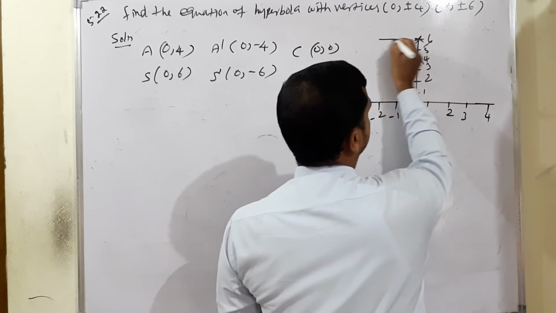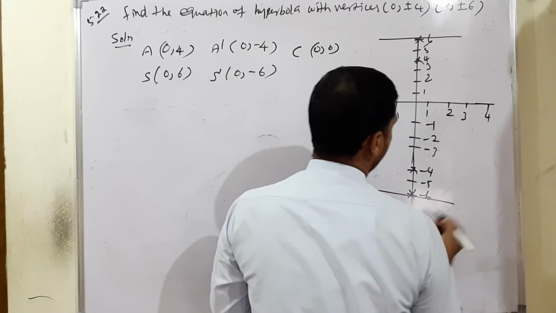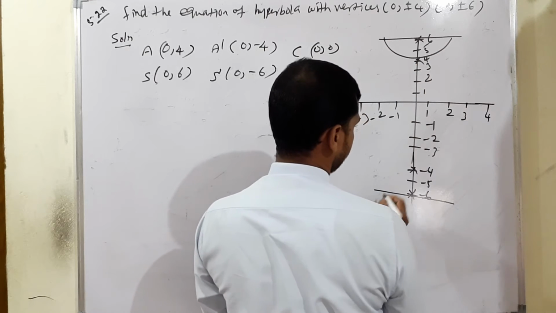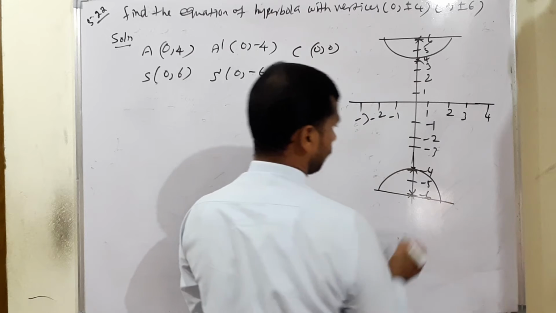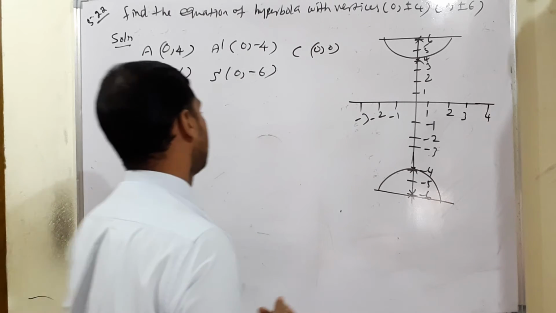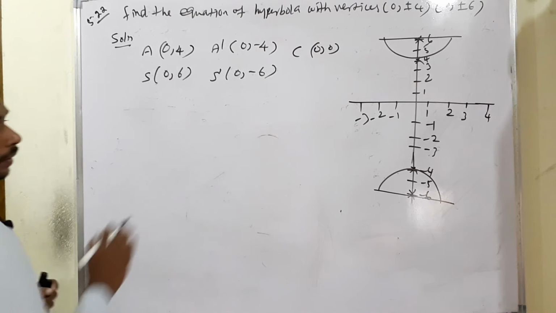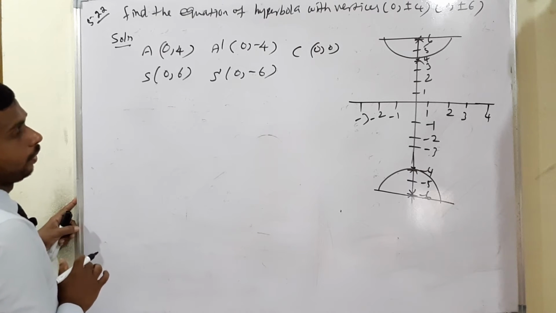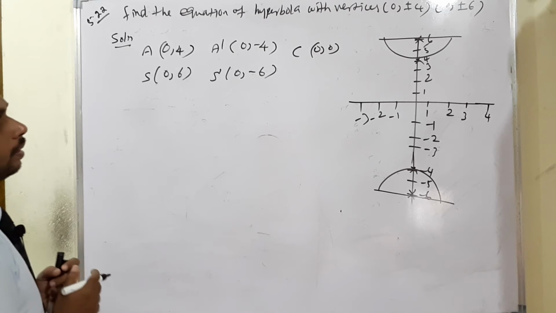Each and every term depends upon the y axis. So this is the y axis hyperbola. So after drawing the diagram, what we have to do is find out the a square and b square values.